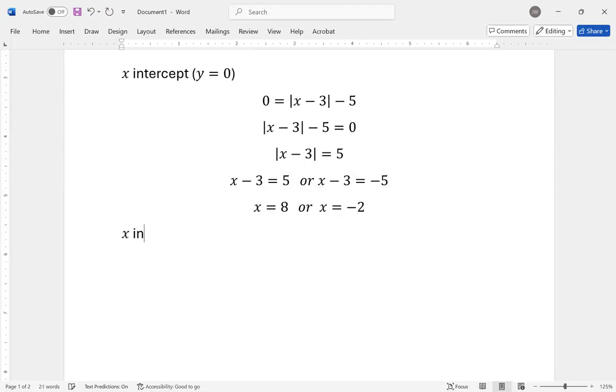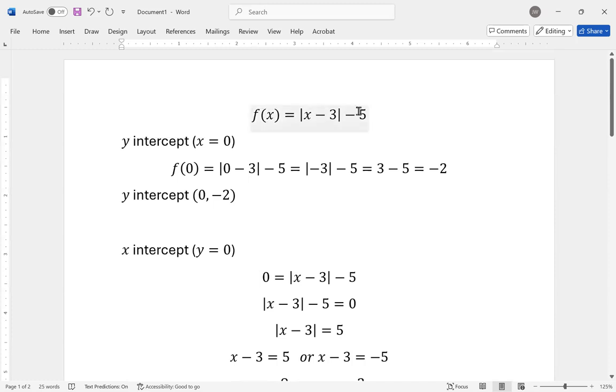That means I'm going to have two x-intercepts, one at the point 8, comma 0, and the other at the point -2, comma 0. So I have two x-intercepts right there.